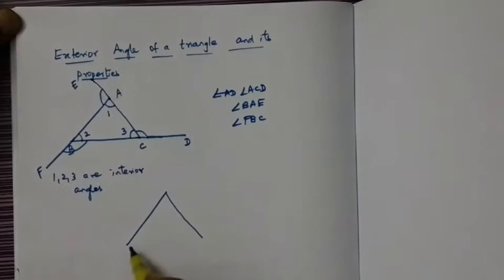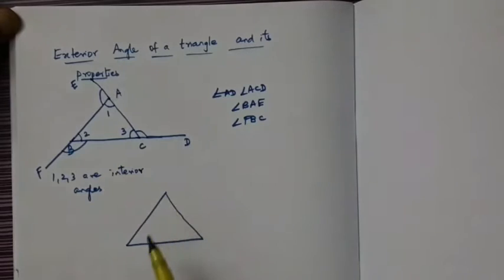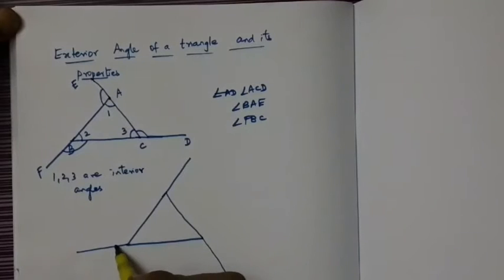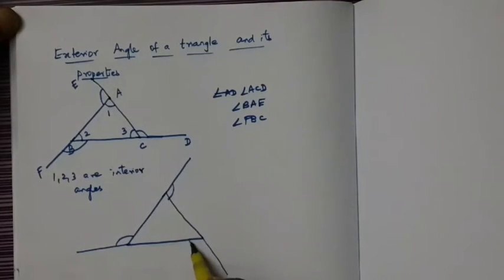They can be drawn in a different way like this. Here you extended the line in the left direction. I can do it in this direction also. I can extend the line like this. Here also this angle is an exterior angle. All these three angles are exterior angles.